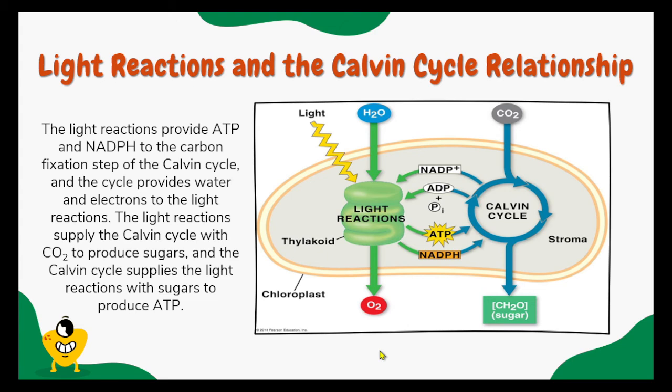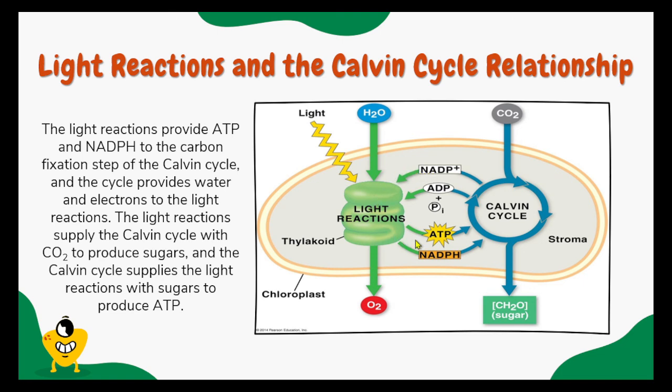The plants give off oxygen, while our ATP and NADPH are used for the Calvin cycle. So it can do its job, fix this carbon dioxide, create the sugar, and it has other products as well, such as adenosine diphosphate and NADP. So these will be recycled for the light reactions again.